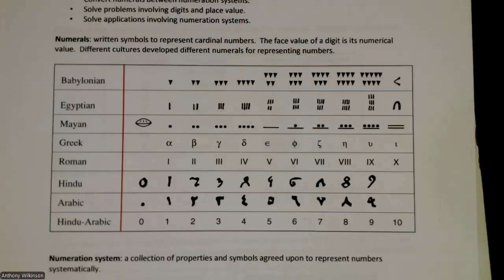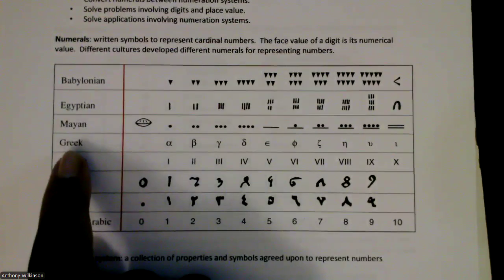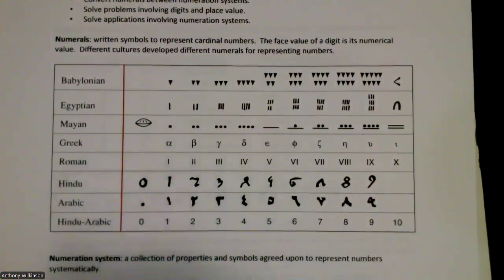Now, we're not going to look at all of these in this video, but the ones I'm going to pretty much focus on would be the Egyptian system of numeration, the Roman numeration system, and the Hindu Arabic numeration system.